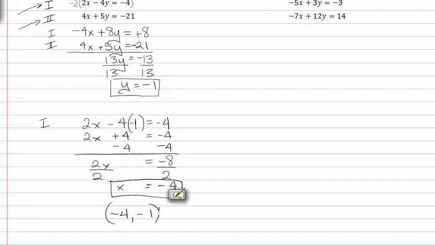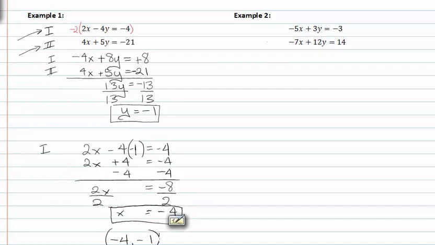In example 2, we can see that none of the terms would simply drop out at their current point. So what we have to do is figure out which one would be best to multiply. I see that we have a positive 12y here, so if I multiplied by -4 in the first equation, the 12y's would then add to 0.